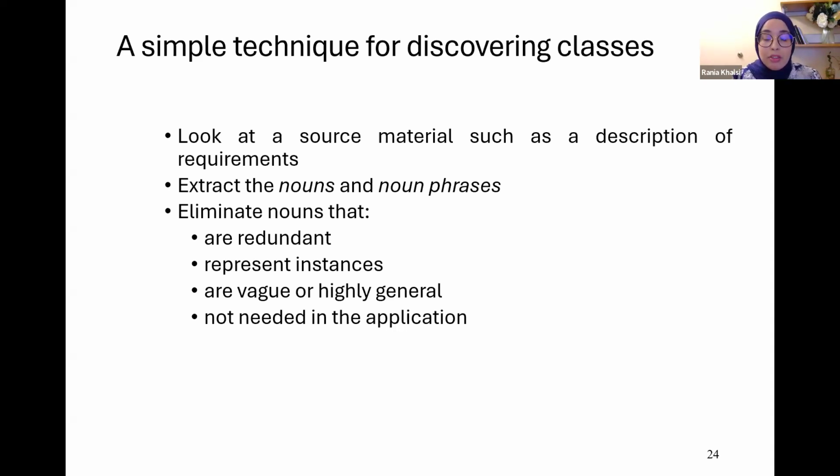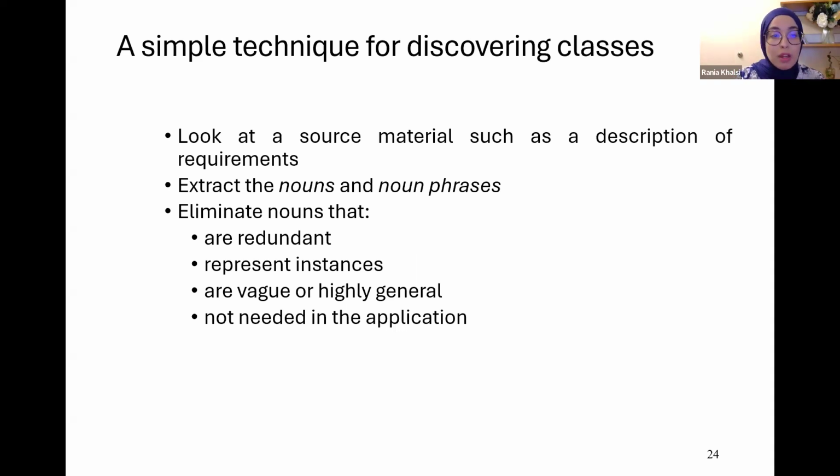Try also to eliminate the redundant classes. You will notice that at some point I have some redundancy, so try to avoid that, probably keeping the best ones, and you keep doing this back and forth.